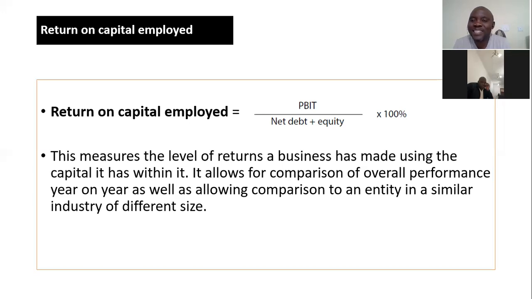So it basically measures the levels of returns a business has made using the capital it has within it. And like I said, you can compare ROCE against your treasury bills, against government bonds, to say, had we been patient and invested this money in the financial markets, what would be the return against what we're getting? Then you see whether what you're doing makes sense or doesn't make sense.